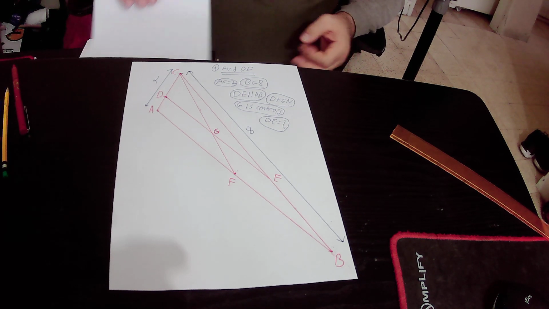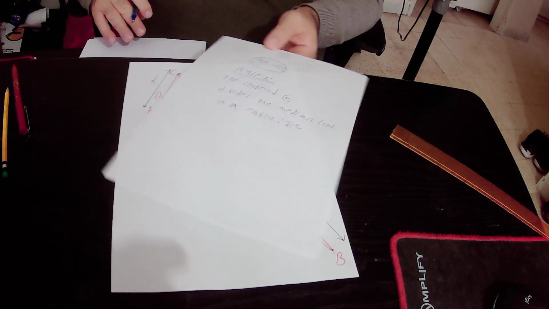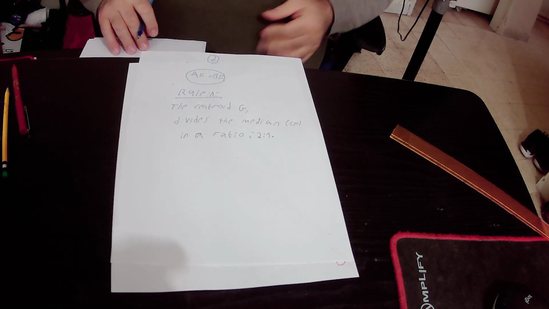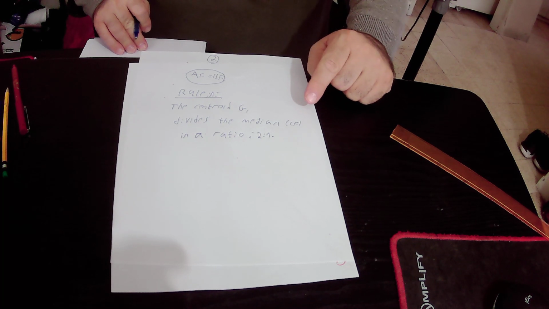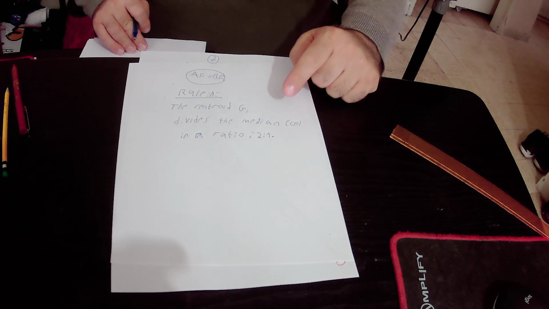So I will read rule number 1 again. Rule number 1 states that the centroid G divides the median, in our example CF, in a ratio that equals 2 to 1.